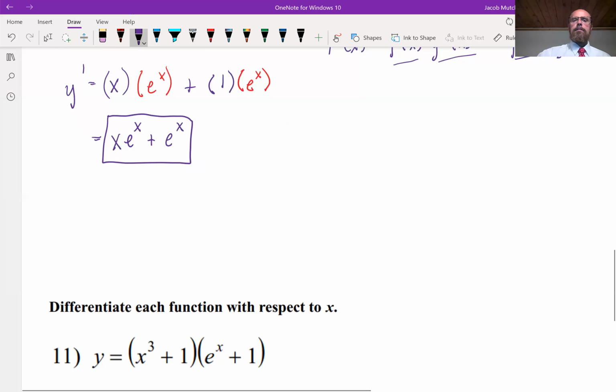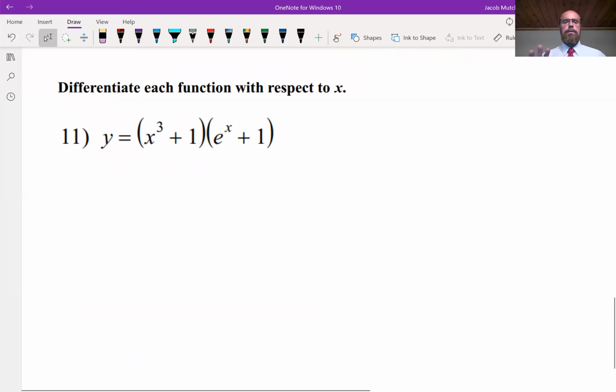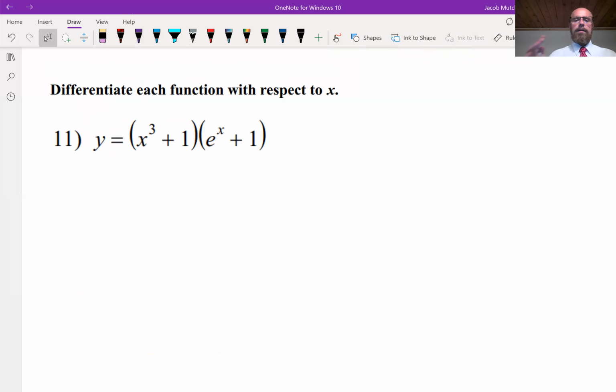Let's take a look at a final example that involves binomials and the natural exponential e to the power of x. So again, what I want to start by doing is identifying my f of x and g of x. So f of x here is x cubed plus 1. So the derivative of f of x is going to be the old power 3 as a coefficient times x to the power of 3 minus 1, plus the derivative of 1 is 0.